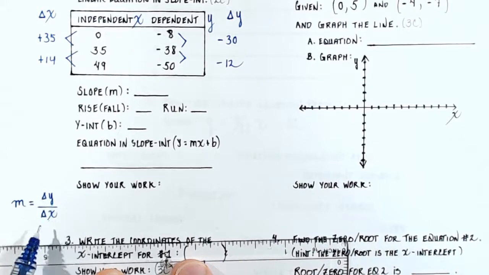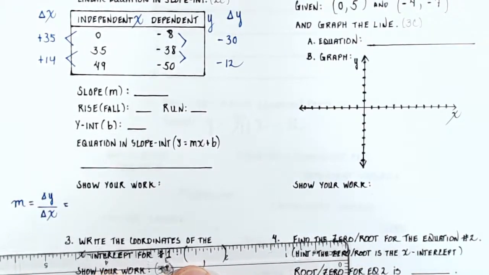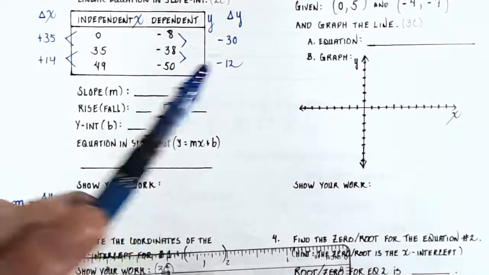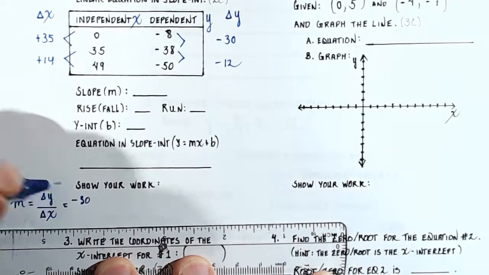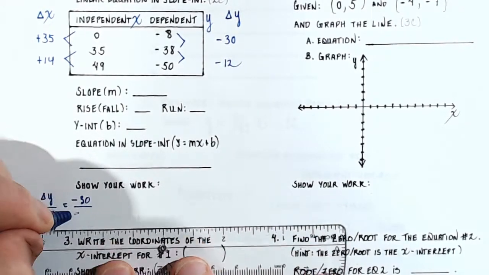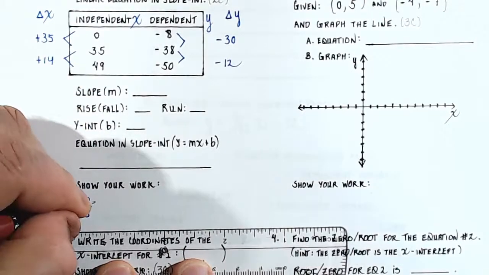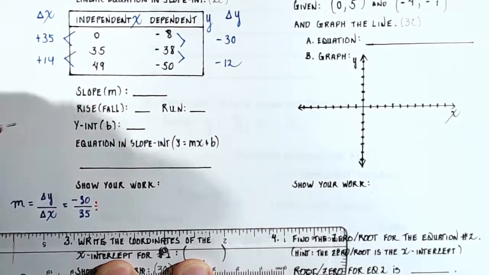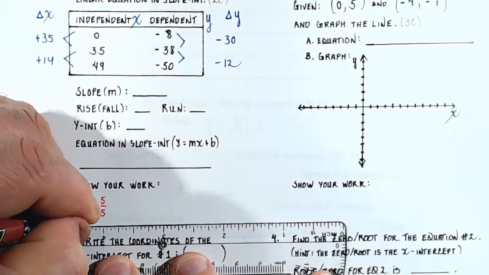So change in y over change in x, and that equals, we'll compute this twice. So we'll start with negative 30 over 35, and we just need to reduce that fraction by dividing by the GCF of 5 over 5.